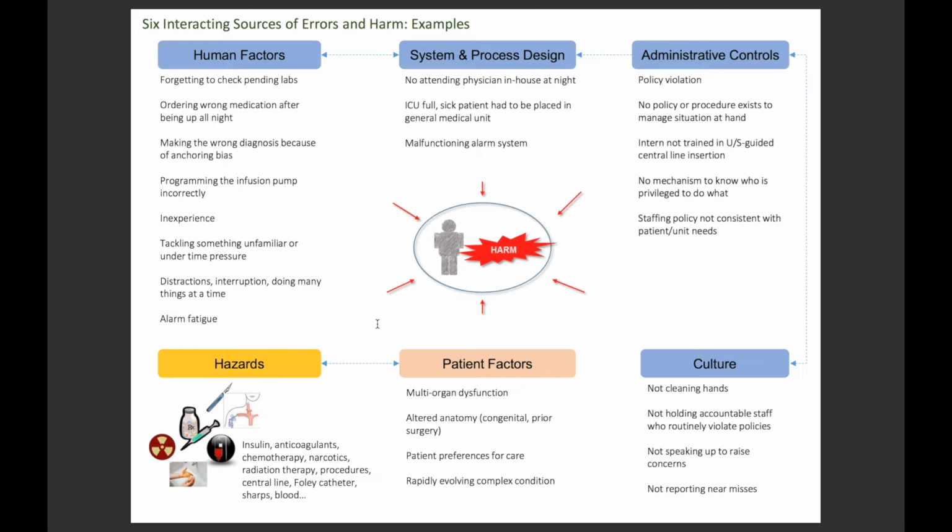Forgetting to check pending labs. Ordering the wrong medication after being up all night because you thought it was the right medication. Making the wrong diagnosis because your brain was so sure that X was the right diagnosis when it was really Y. Or inexperience, you just don't have the knowledge to know the difference between A and B.